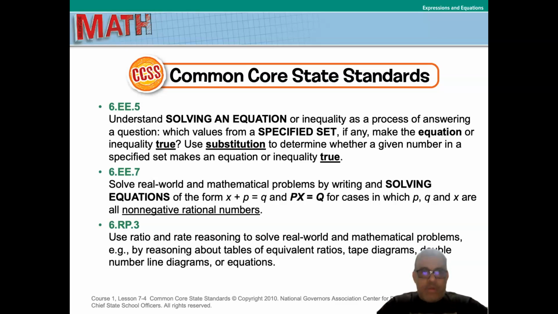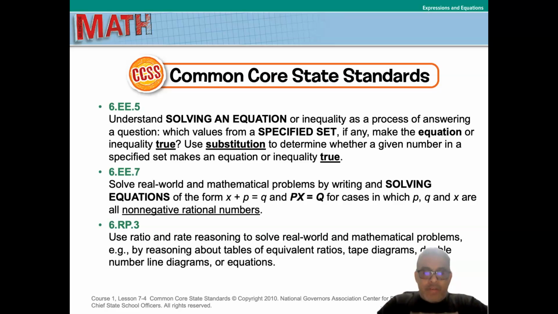Let's review real quick. EE5 requires for you to solve an equation within a specified set. You're going to determine if the equation is true or not, and you are going to do some substitution in order to determine if that is true. This will apply when we're checking our work, and you'll see further examples of these types of equations as you progress through this standard.